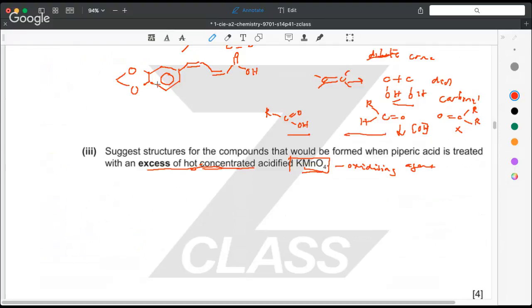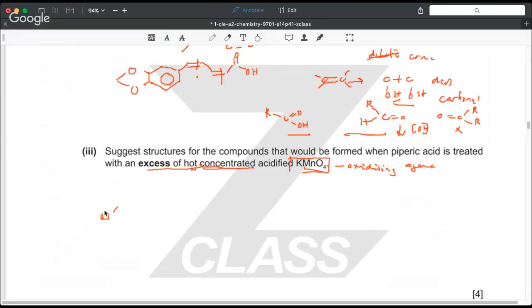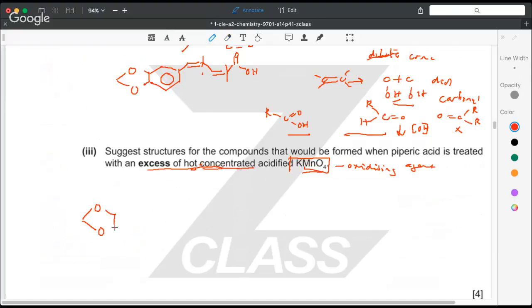So you've got to apply that kind of thinking to the molecule that was over here. So you're going to end up with a carbonyl compound there and a carbonyl compound there. So you can end up with this. So you're going to end up with that.